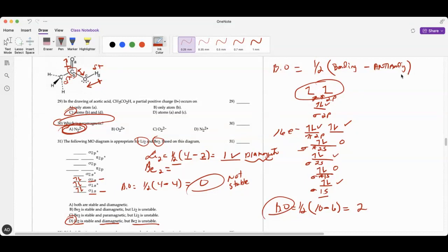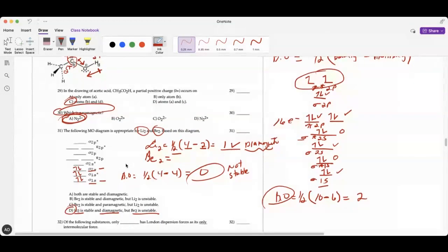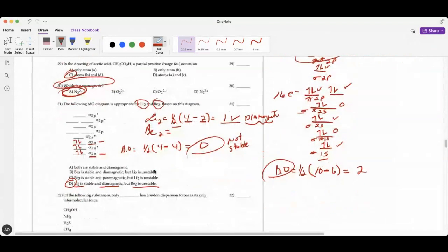Okay, so this is kind of like chapter 6, but instead we're doing anti-bonding, and the diagram is different. We're doing a different model. What we learned in chapter 6 is the VSEPR model. This is molecular orbital theory, and this is the theory that you're going to be using in organic chemistry quite a bit. It gets more complex.